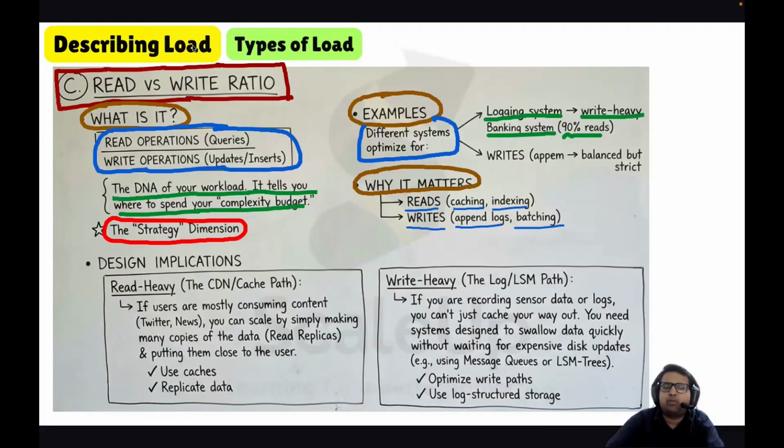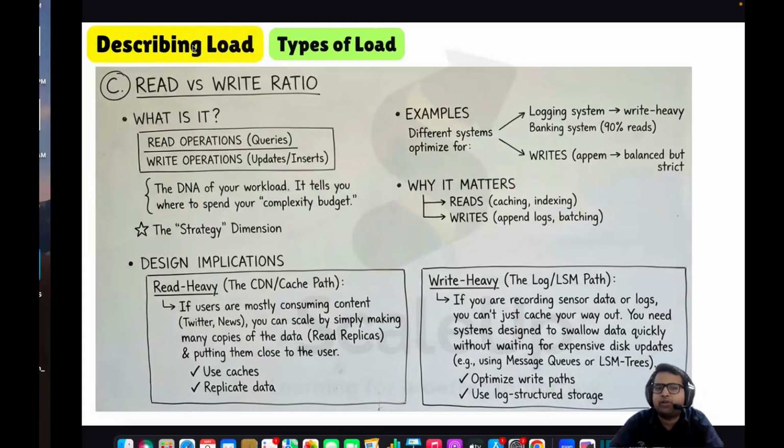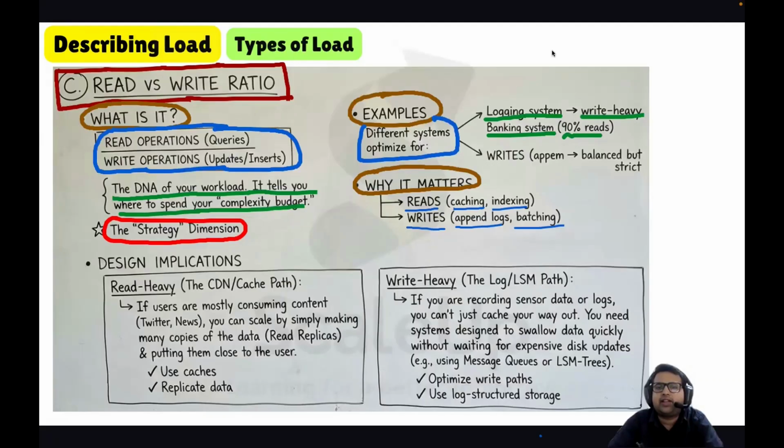Write operations are more compute intensive, they will need more resources. Read operations will need very few resources. So that's the idea. Now let us look at some design implications with regards to read-write ratio.